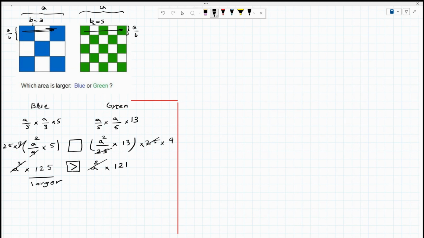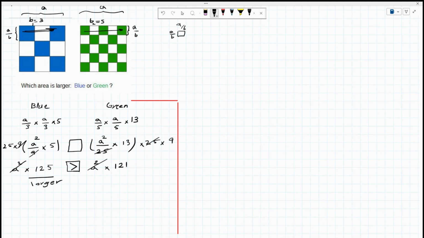But in general, if we have such a situation, what's gonna happen? Each small tiny square is gonna have sides of a divided by b and a divided by b.